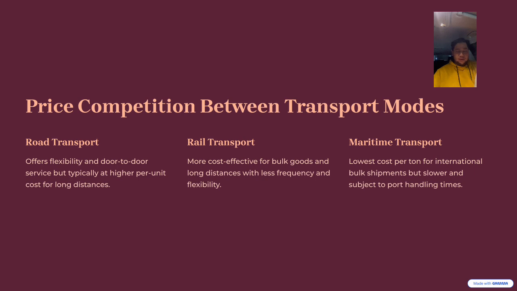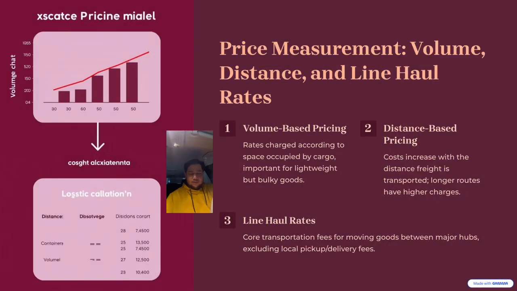Rail transport is more cost effective for bulk and long distances, with less frequency and flexibility. And number 3, maritime transport, has lower costs per ton for international bulk shipments, but is slower and subject to port handling times.